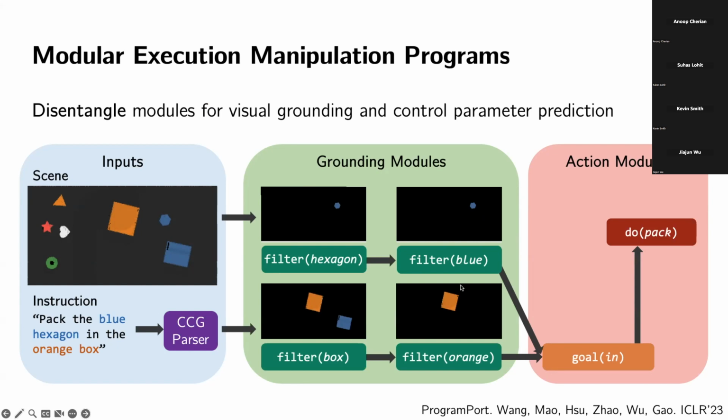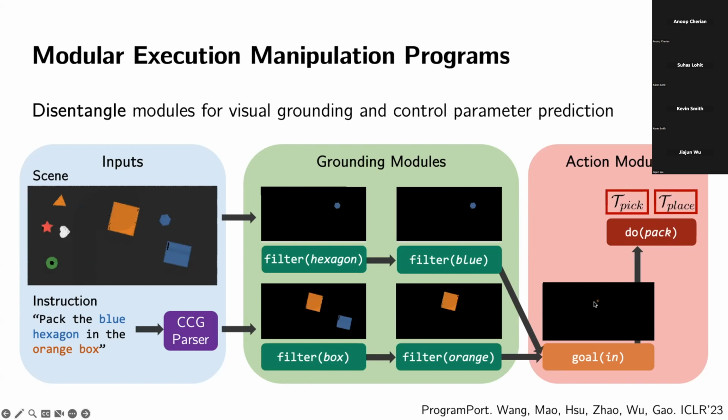At the same time, you have this modular decomposed representation, and then you can send them to an action module that learns how to pack, that outputs the parameters saying where the robot arm should go to pack the objects. So, the pick and place action, where it should take place.